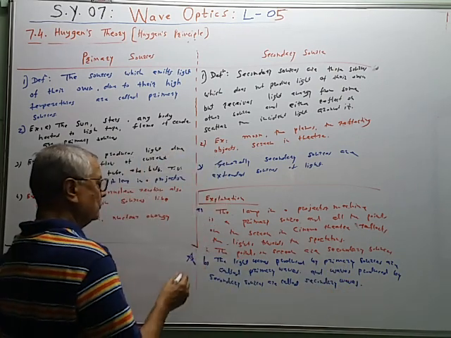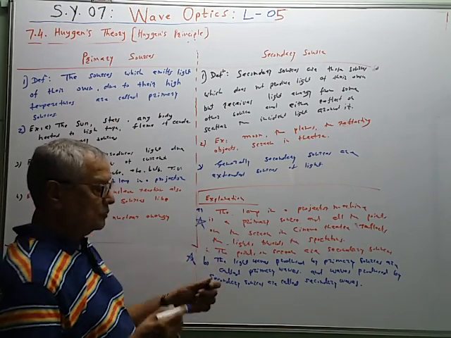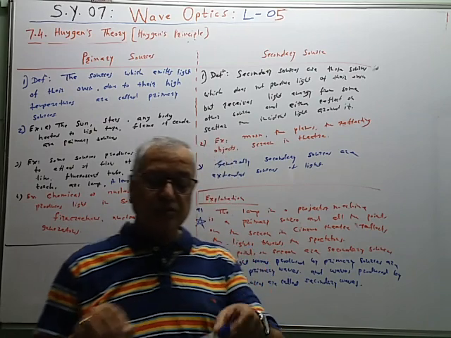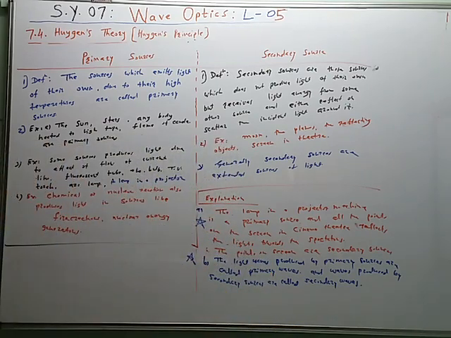So these two points are important. Primary waves are produced by primary sources, secondary waves are produced by secondary sources.